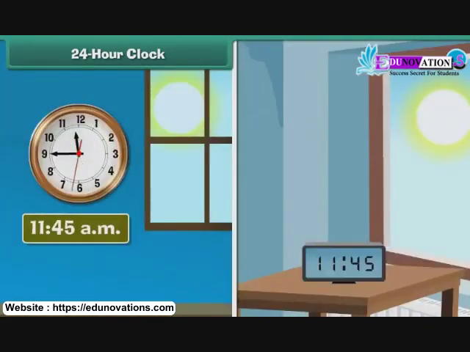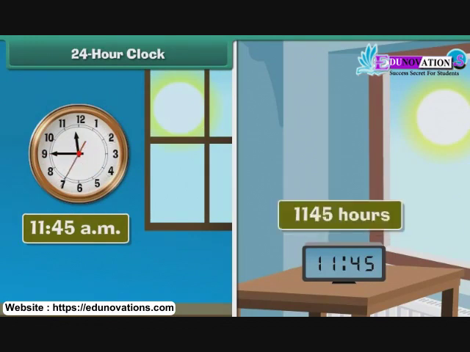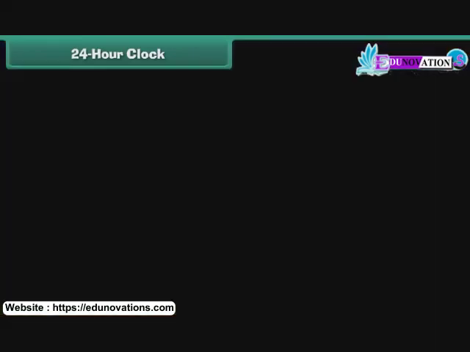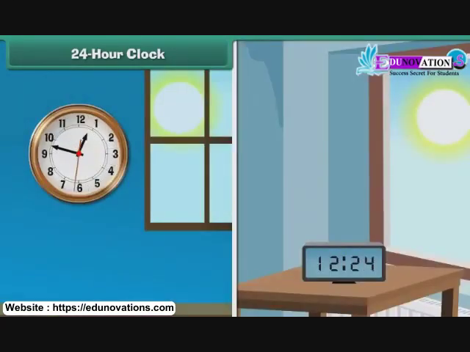Similarly, 11:45 a.m. is represented as 1145 hours. The 24-hour clock denotes all times corresponding to AM on the 12-hour clock with values smaller than 1200. After 12 noon, the two clocks differ in their representation of time.